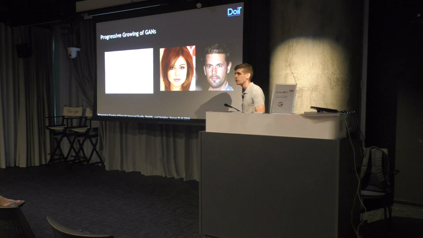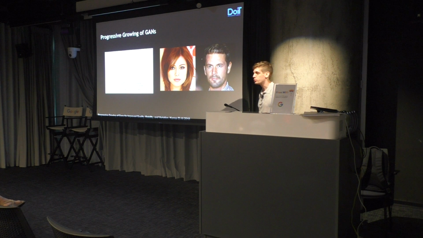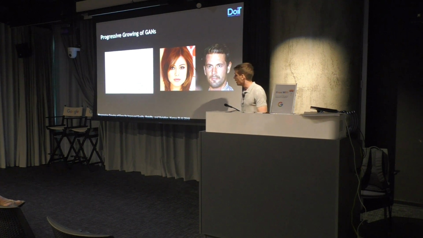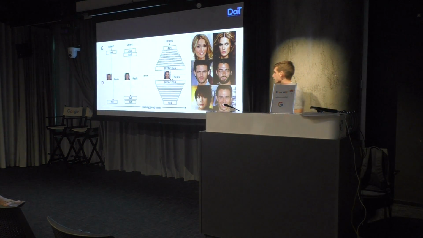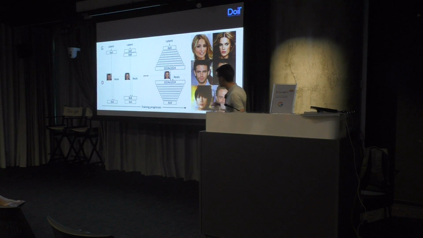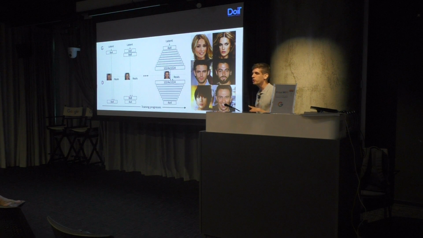These are just generated images from a GAN that was trained on a huge data set of celebrity images. And what NVIDIA did is that they understood that you don't have to, and another thing that I forgot to mention, that the images that I showed you before are really high resolution images.